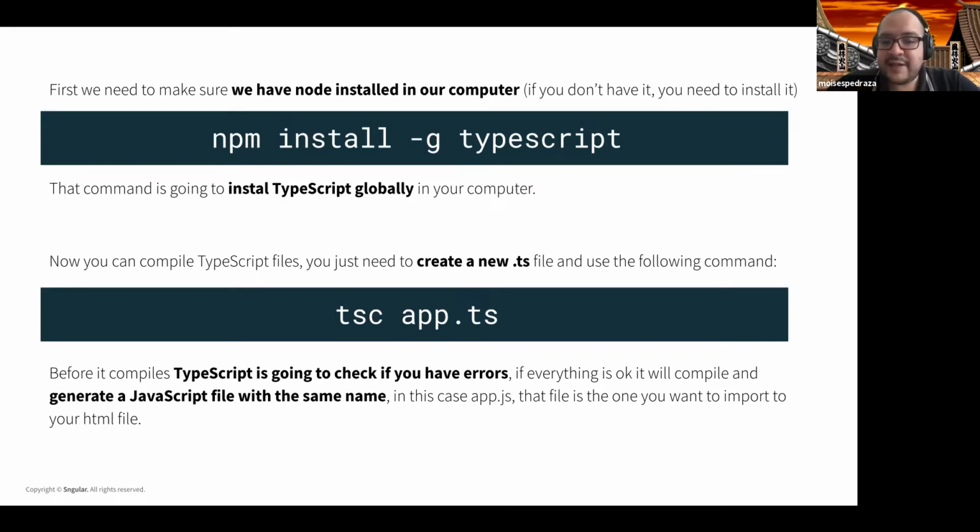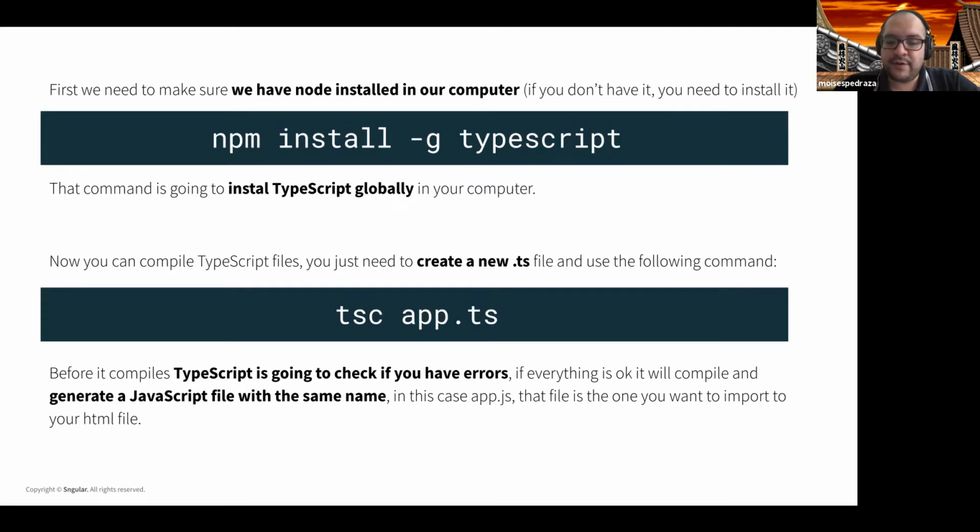Before it compiles, TypeScript is going to check if you have errors. If everything is okay, it will compile and generate a JavaScript file with the same name. In this case, it would be app.js. That file is the one that you want to import into your HTML file. So in your HTML file, when you are importing your scripts, you are not importing the .ts.